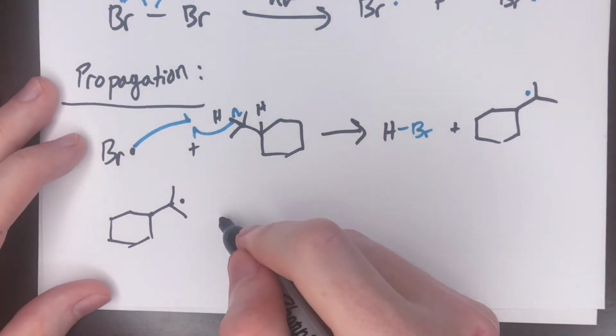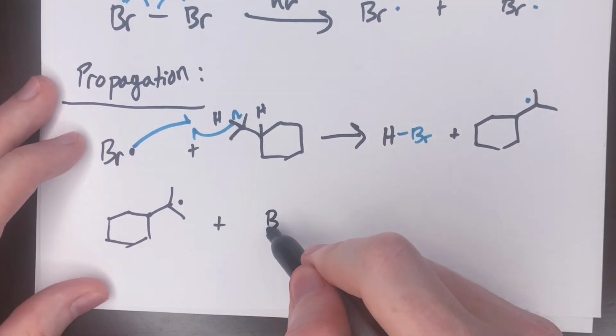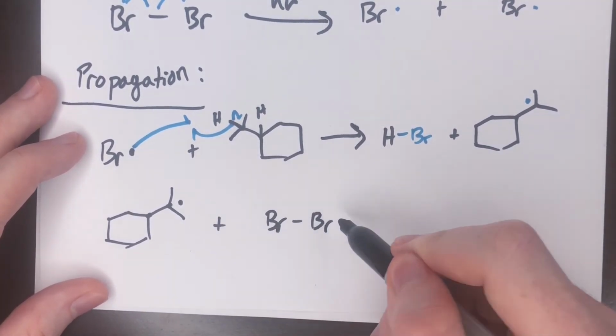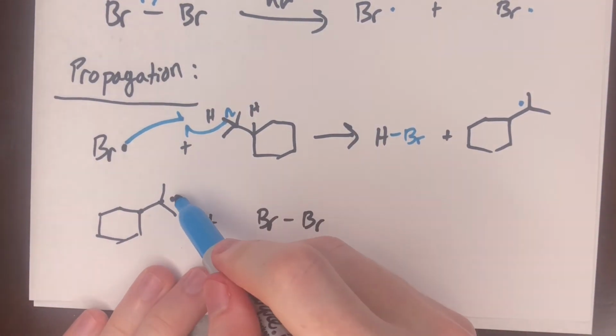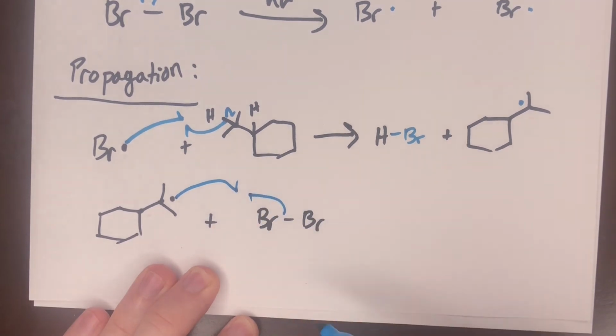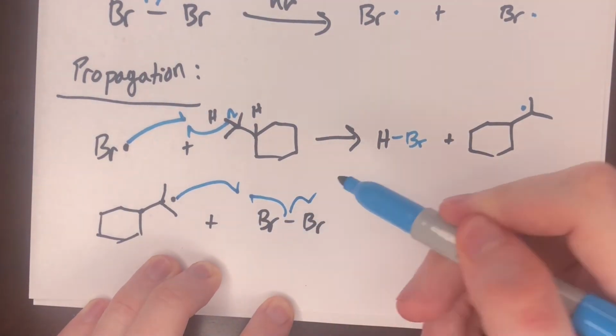So here's our radical. This will react with Br2. Causes homolytic cleavage as drawn.